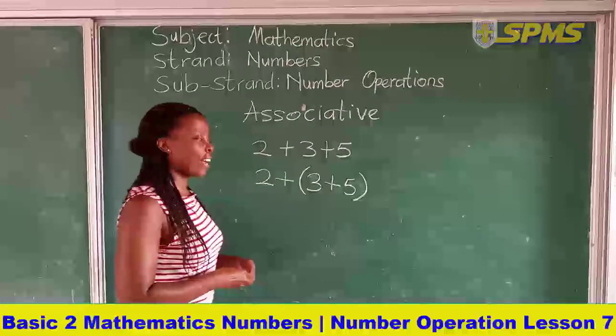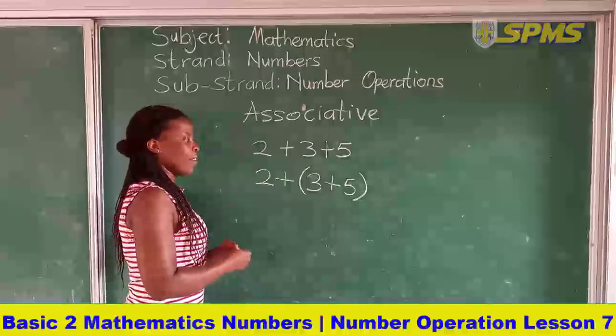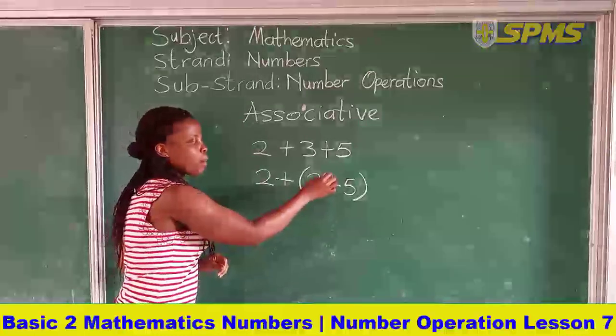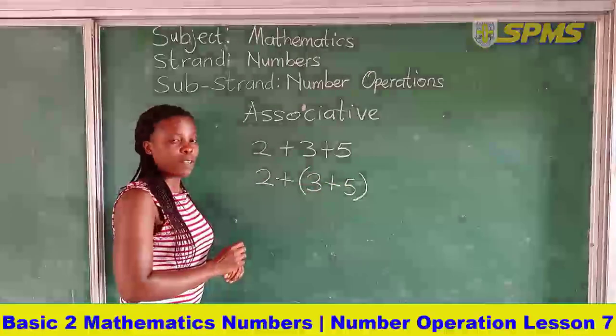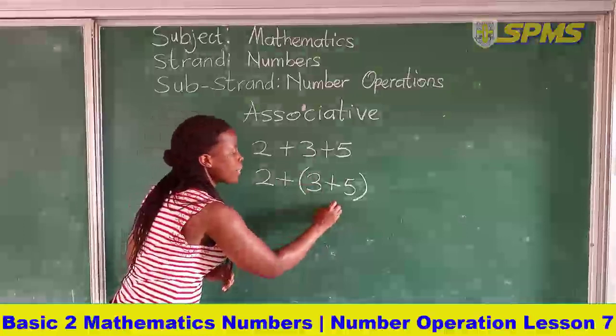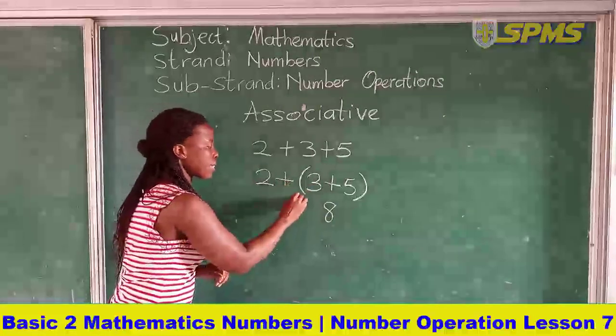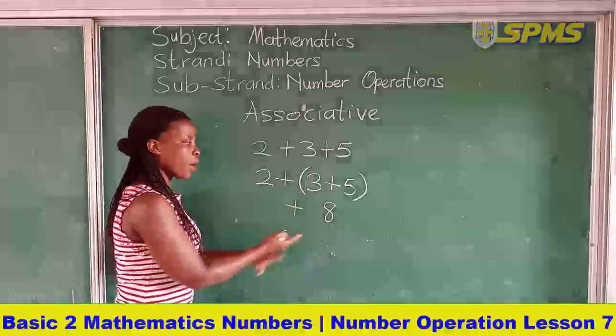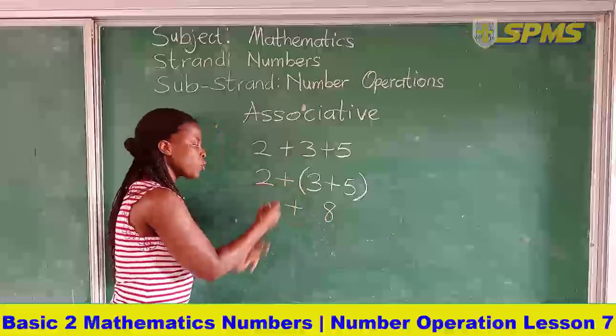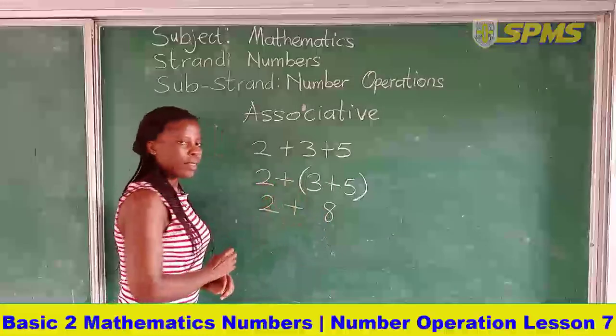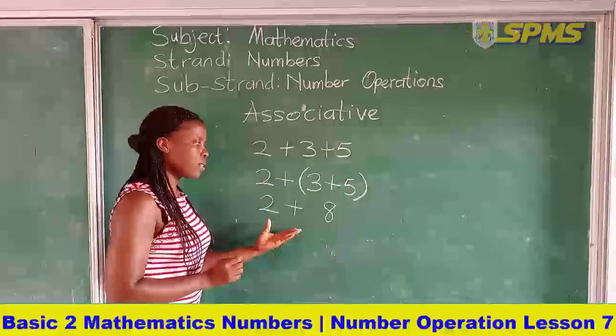Now let's do the addition work. 3 plus 5. What is it going to give you? You are going to get 8. You bring your plus. Now you are going to add your 8 to the 2. This is how it's going to look.